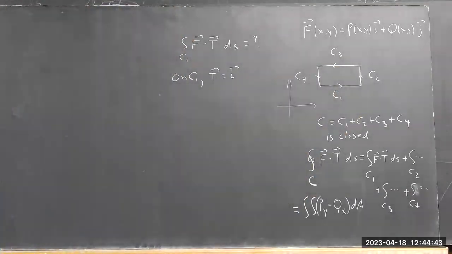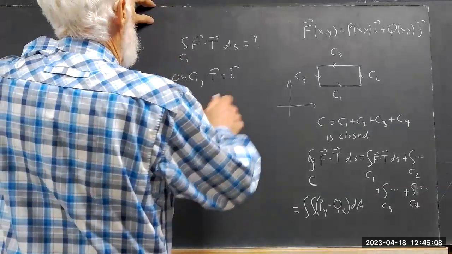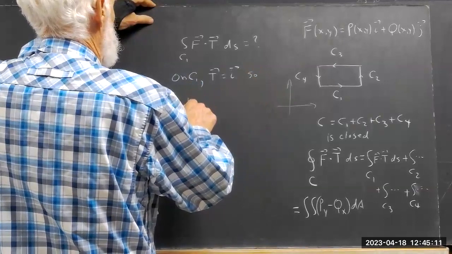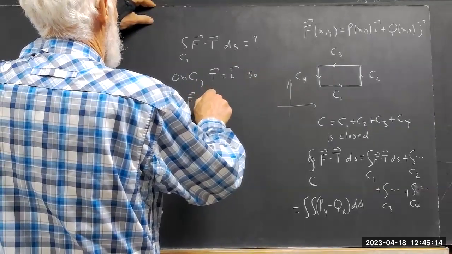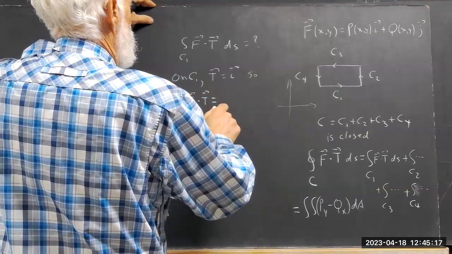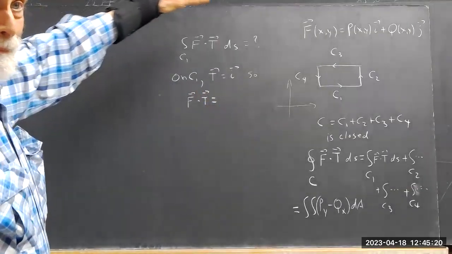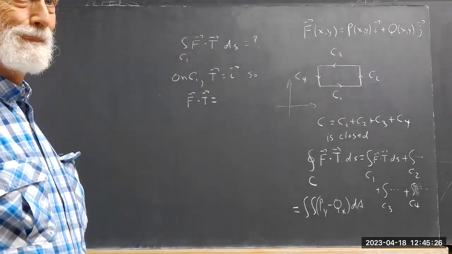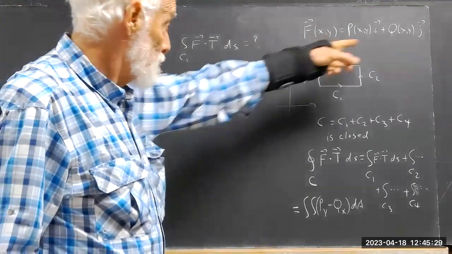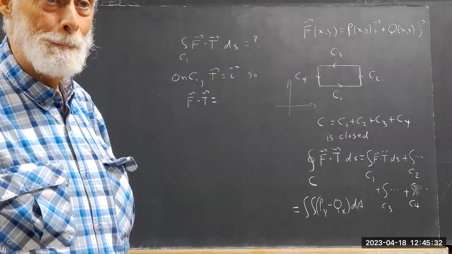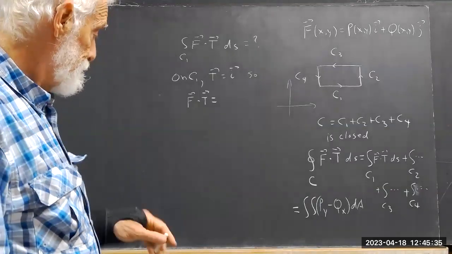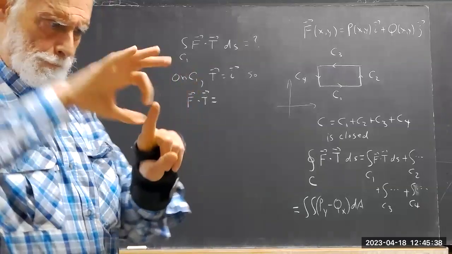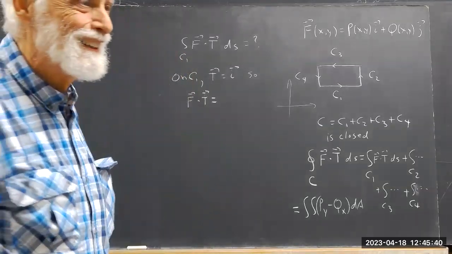F dot T is what? What do you get when you dot F with i?